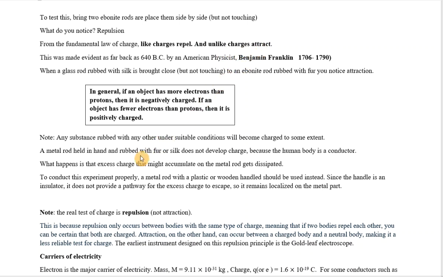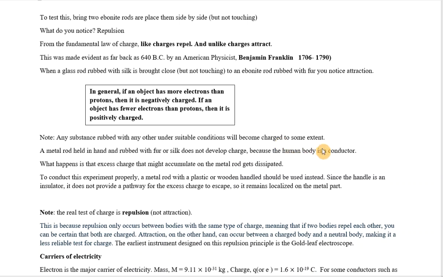Attract. So basically any substance rubbed with another under stable conditions will become charged to some extent. So a metal rod held in hand and rubbed with fur or silk does not develop charge. What is the reason?